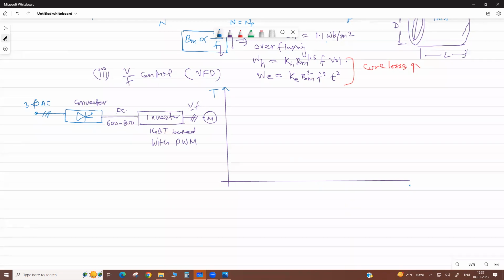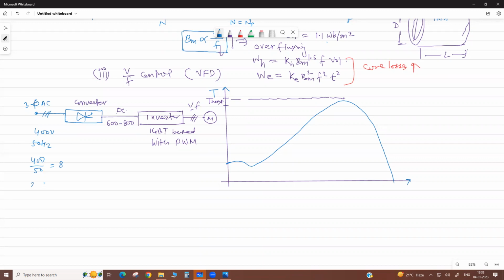In this case, this is your actual speed torque characteristic, and this is your maximum torque, T max. When we reduce, we have 400 volt 50 hertz, for simplicity. So 400 by 50 comes to 8.